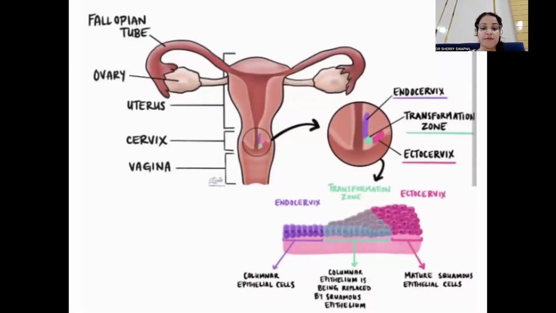When we are taking a sample, we should make sure, although it's not in the adequacy criteria, that we get a sample from the transformation zone, as this zone is susceptible to malignancy, dysplasia, and neoplastic changes, as these columnar cells of the endocervix are repeatedly changing into squamous type. So cells from the transformation zone are important, and we should try to take these cells while taking the smear. Next slide, please.